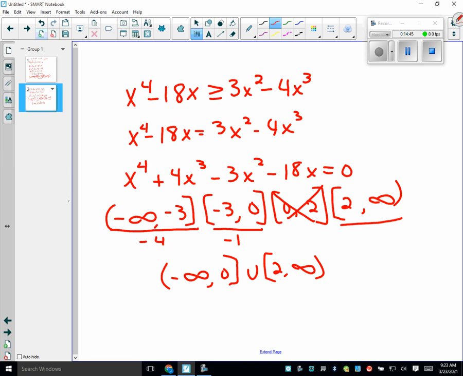If I do from negative infinity to negative 3 and include negative 3 and then go from negative 3 to 0, isn't that the same thing as negative infinity to 0? And by the way, I would take either answer. I would take it if you left it in 2 pieces like that. Wait, what is the U? It just means and. You're going to see it sometimes, so I thought it'd be good for you to see it. It doesn't make it right or wrong. It's just and.